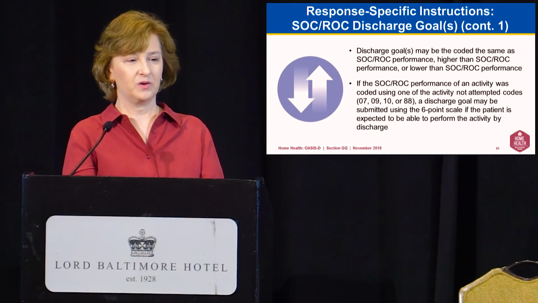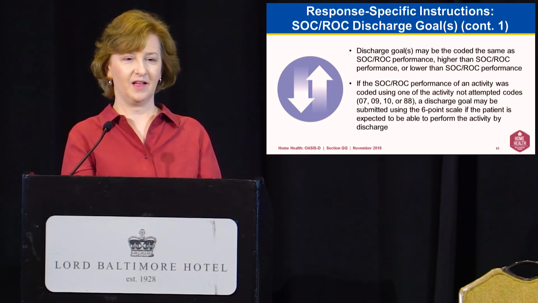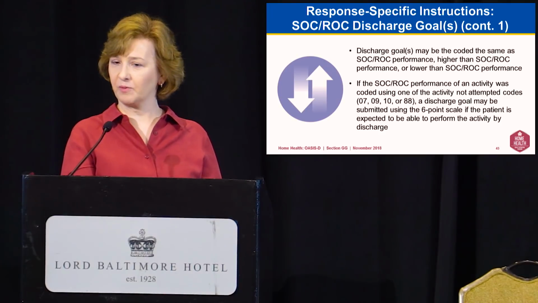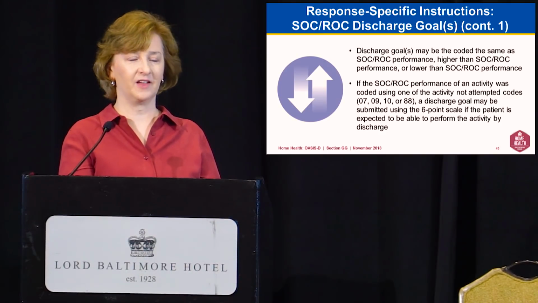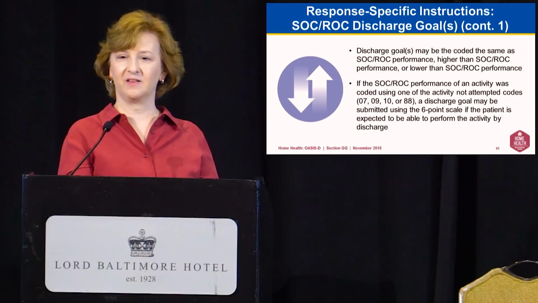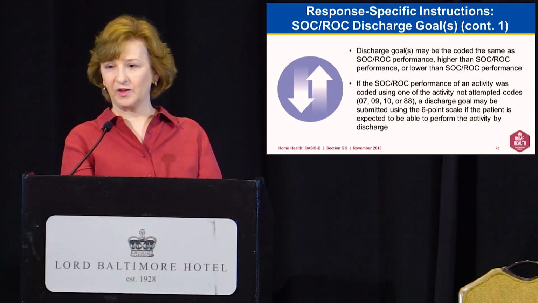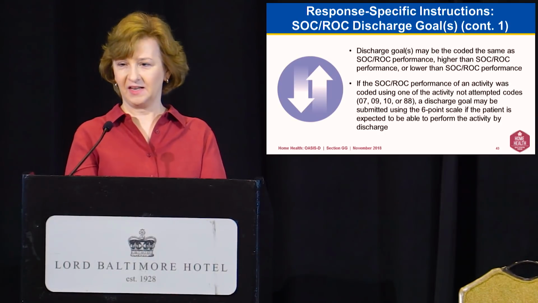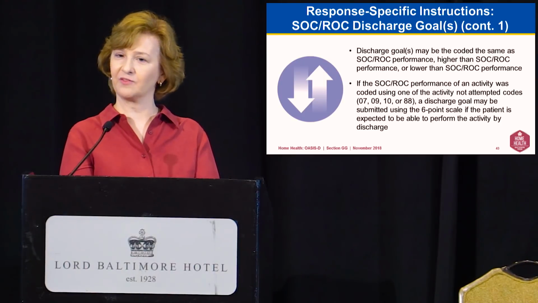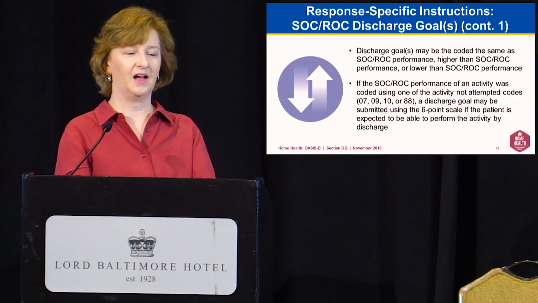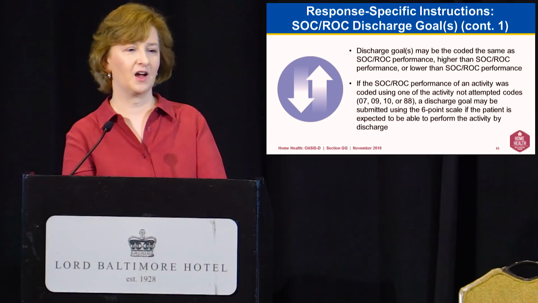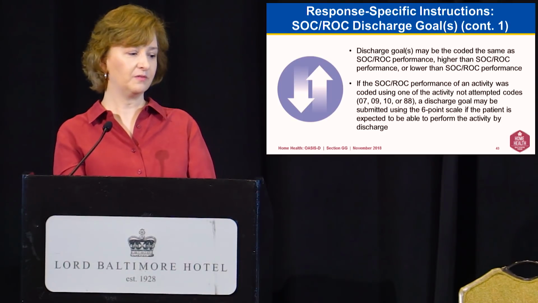Discharge goals may be coded the same as the person's performance at SOC/ROC. For example, it's possible that somebody is admitted independent with eating, and the goal is to maintain that independence, so it's fine to have the same level at SOC/ROC and as a goal.